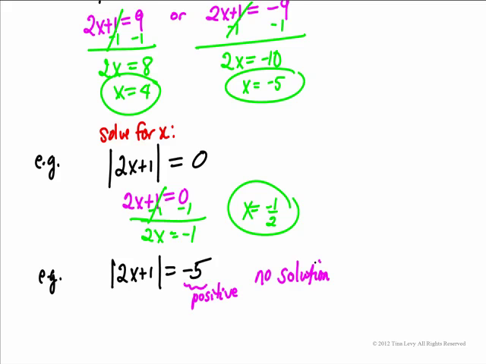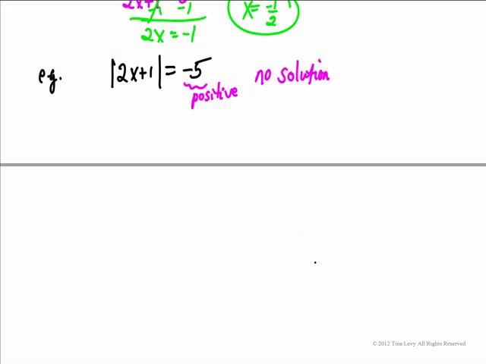Now we're ready to do one that's a little more complicated. In this one, I'm going to solve for x, of course, the absolute value of 5x minus 8 is the absolute value of 3x plus 2.